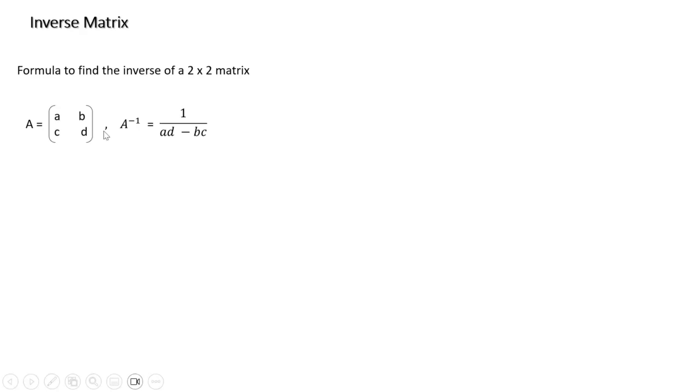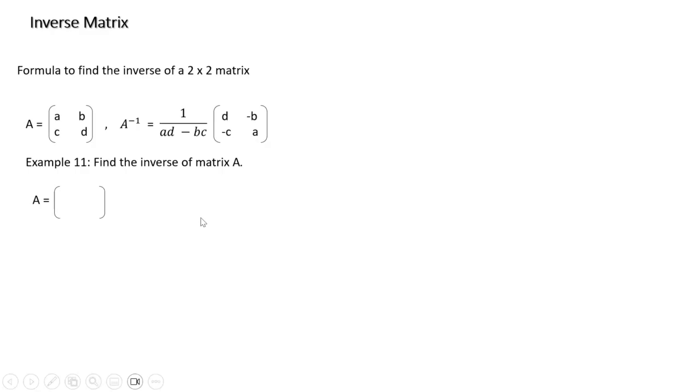The determinant is A times D minus B times C. And then here, guys, the A and the D, you switch places. D goes to the place where A is, and A goes to the place that D was. And for the B and the C, all we do is change signs. Okay, so this is my formula.